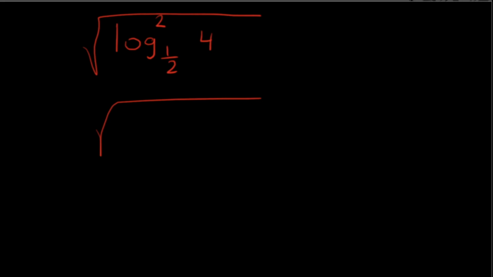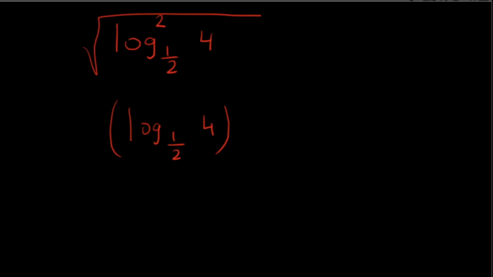Moving on, let's look at log base 1/2 of 4. So the log will be squared, and then it's all under the square root. But this one is a bit tough. I think it's better to rewrite it as log base 1/2 of 4.